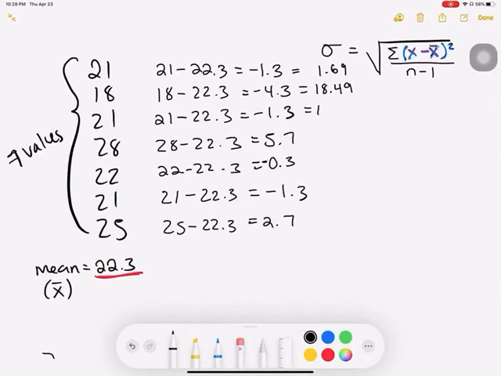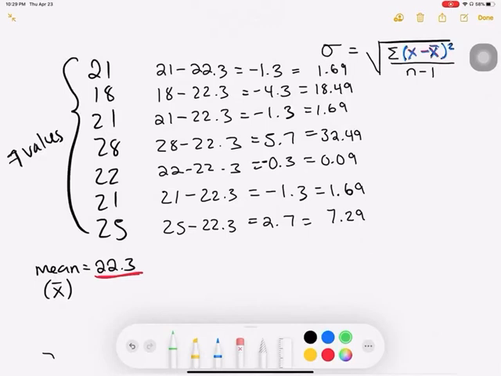Then 1.3 times 1.3, and 1.3 times 1.3. 5.7 times 5.7 is 32.49. Remember that you're going to keep all of the decimals, right? So 0.3 times 0.3 is 0.09, and 2.7 times 2.7 is 7.29. Okay, so you're getting all of those values squared.